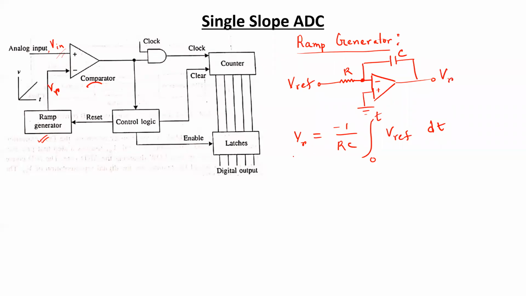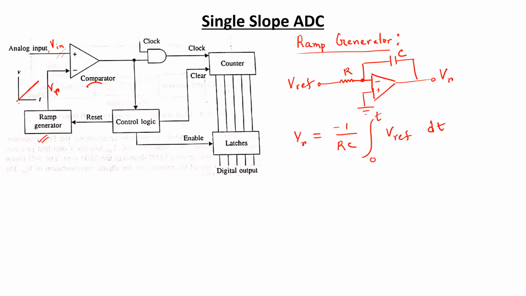So this is the general expression for the output of an integrator using op-amp. Now, for this case, we are considering a constant reference voltage, and we want to generate a straight line that will have a positive slope.